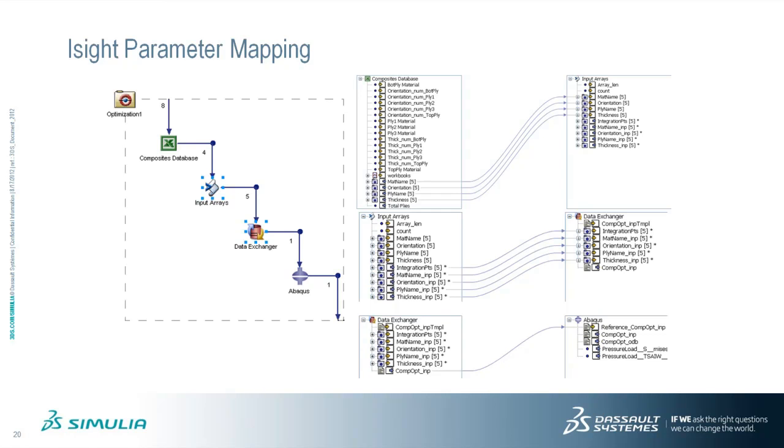And in iSight it's very easy to change. You can click on these links and reassociate a parameter from Excel through the data exchanger into the Abaqus input deck just by changing where these arrows point. So it's very intuitive, very easy to use.